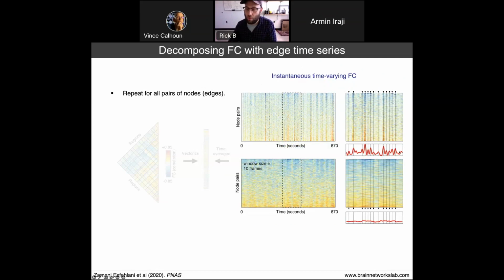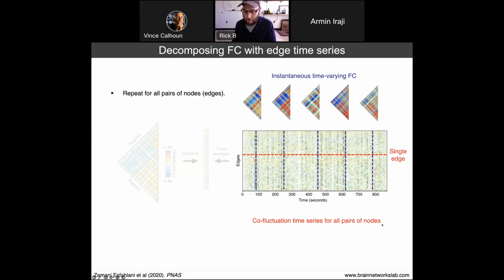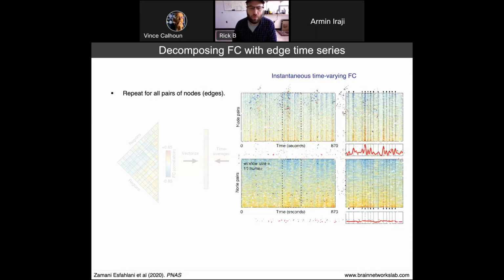So we get very bursty, high-frequency changes, whereas with even very, very short sliding windows, in this case only 10 frames, so like 7 seconds, which is far too short to be useful, I think, that most people would claim, we end up blurring a lot. We lose some of this rich temporal information. So there are some potential advantages to using this edge time series or cofluctuation time series approach.